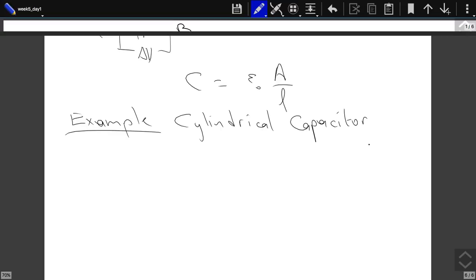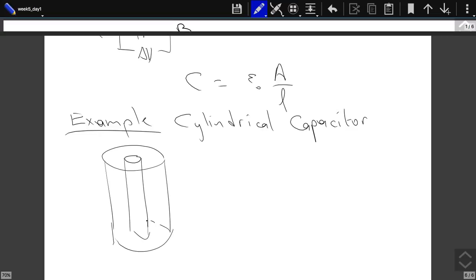Let's look at the cylindrical capacitor. Now let's just imagine we have two cylinders, one inside the other one. The inner radius R1, the outer radius R2.